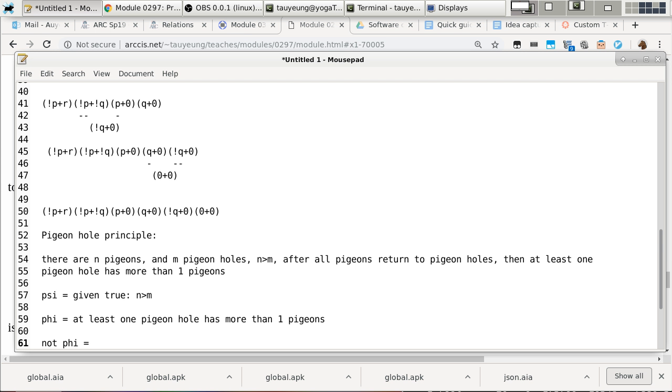What about I say all pigeonholes have at most 1 pigeon? Would that be the negation? So we say all pigeonholes have at most 1 pigeon, because some can have none. I still allow that possibility.